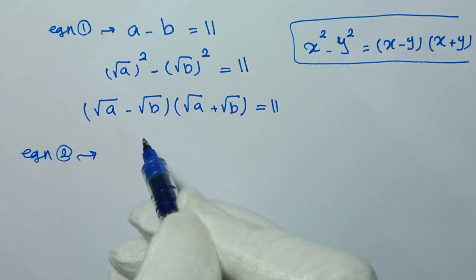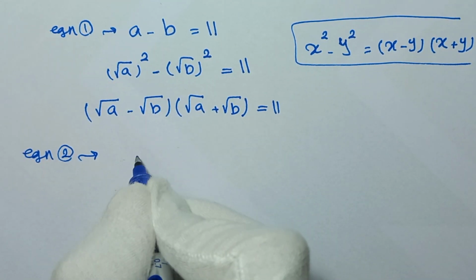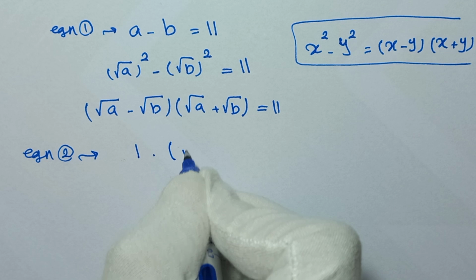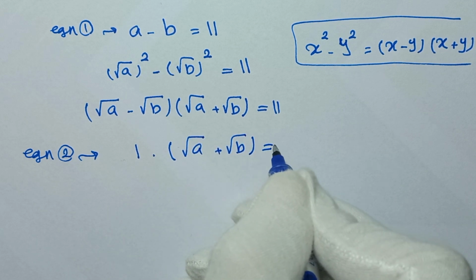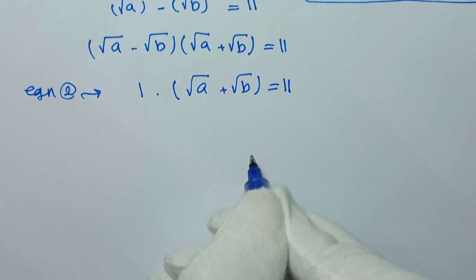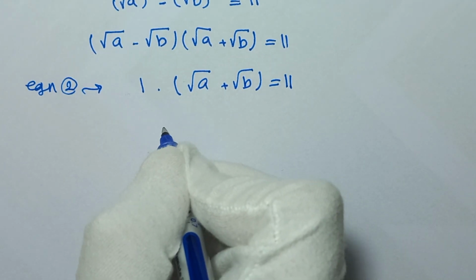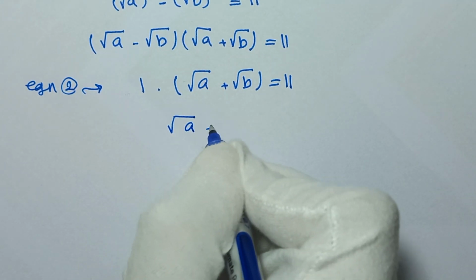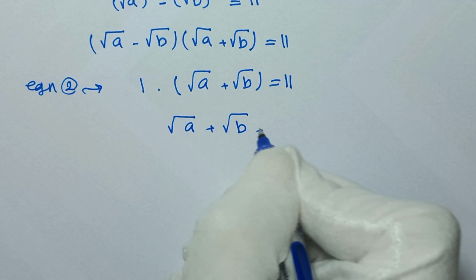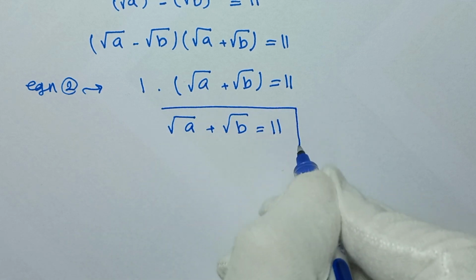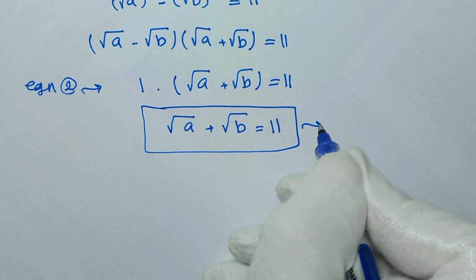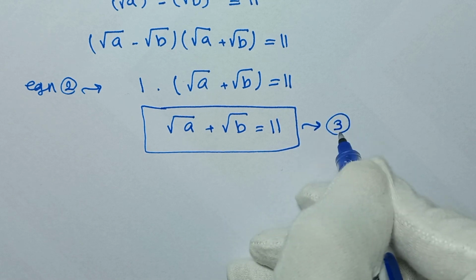So this is equal to 1, so it will be 1 times the square root of a plus the square root of b is equal to 11. And here, the square root of a plus the square root of b is equal to 11. We let this be equation number 3.